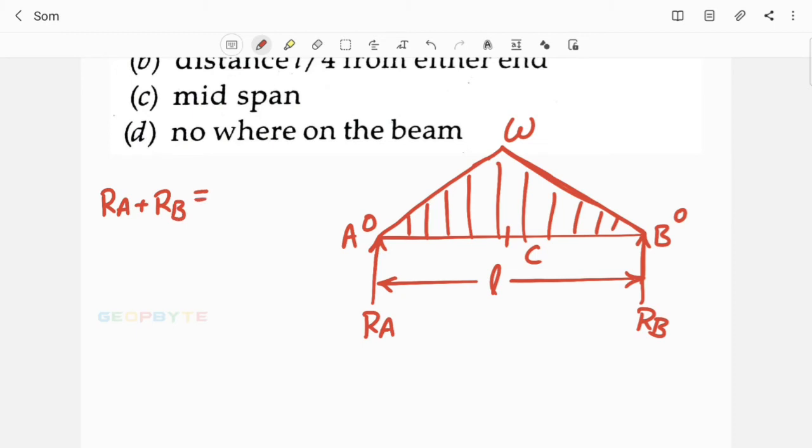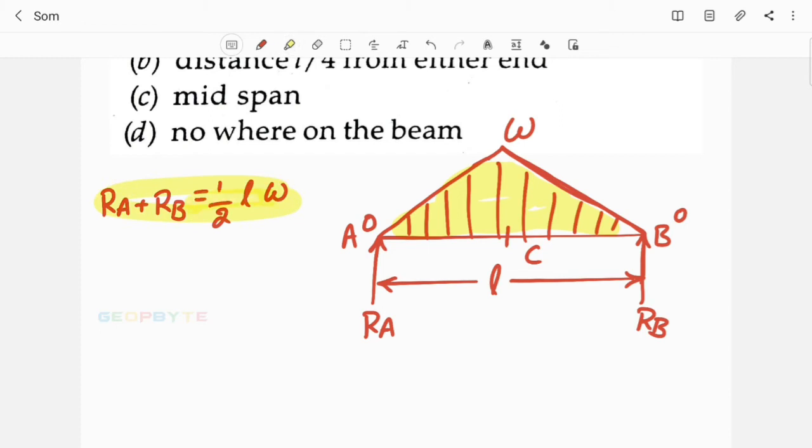How do we get the point load from the UVL? It is equal to the area of this triangle, half into base L into height W. That is RA plus RB, WL by 2.